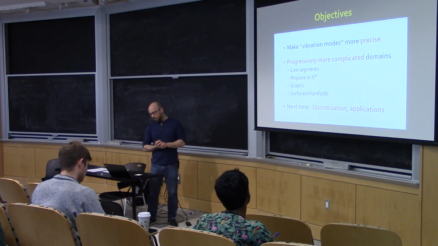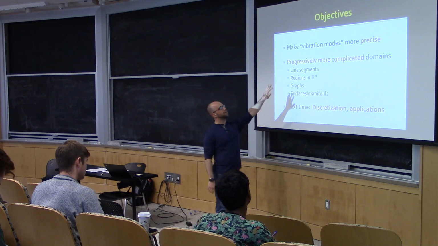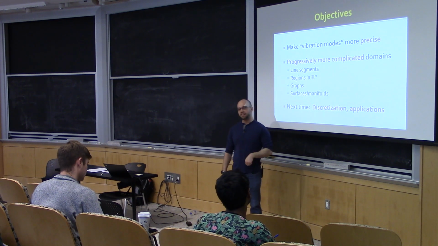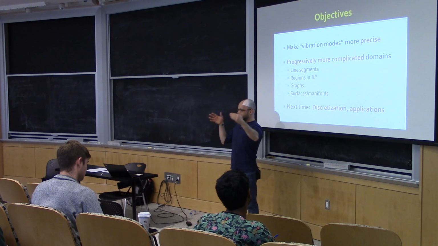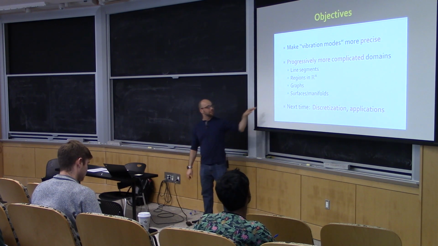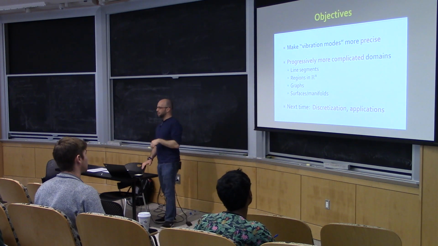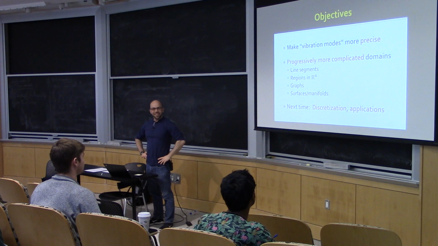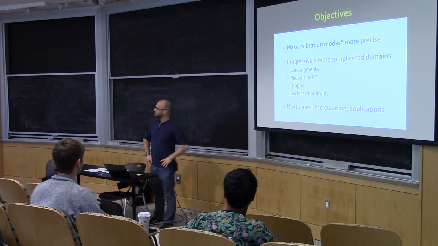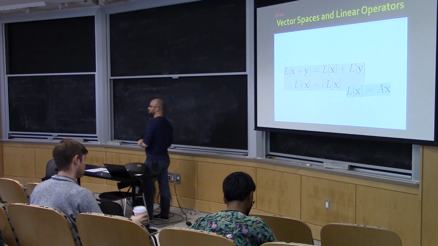So our goal here is to take this high-level phrase that we've used, this phrase vibration mode, and make it more precise, and we're going to do so on a sequence of domains that are more and more complicated until finally we reach surfaces and I should say submanifolds. We won't do Riemannian manifolds here, although the reality is at that point the definition is basically the same. Then we'll talk about discretization, all that good stuff.